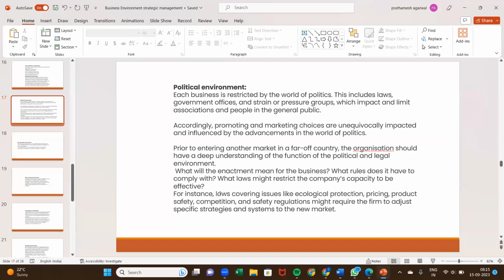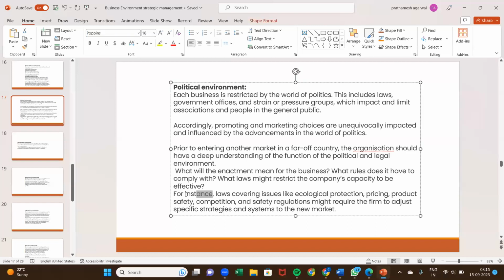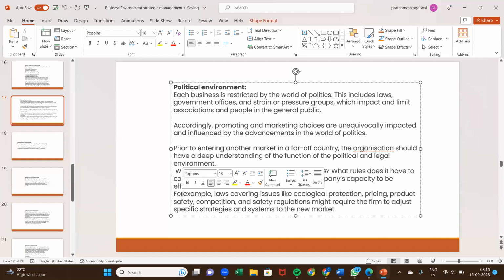For instance, laws covering issues like ecological protection, pricing, product safety, competition, and safety regulations. Now these are the instances. Instance means for example.